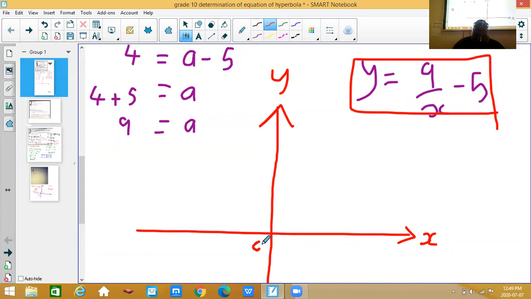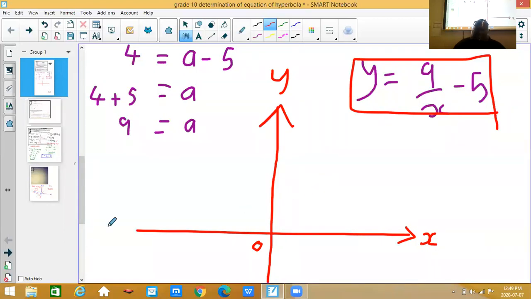Now, what is the horizontal asymptote that we have here? Sorry? -5. Or x is equal to -5.